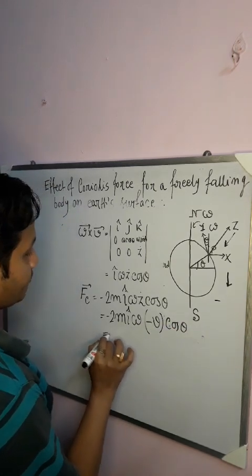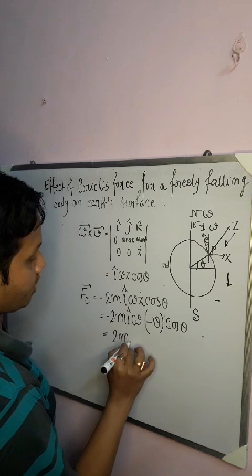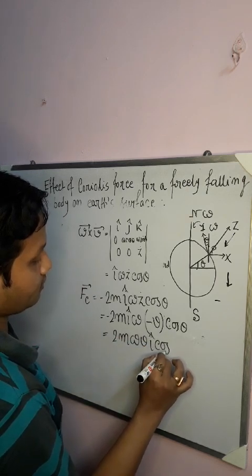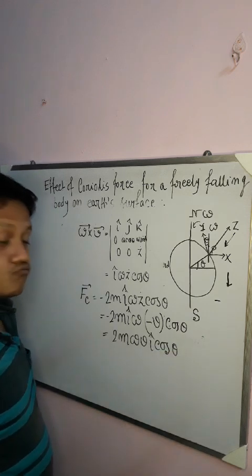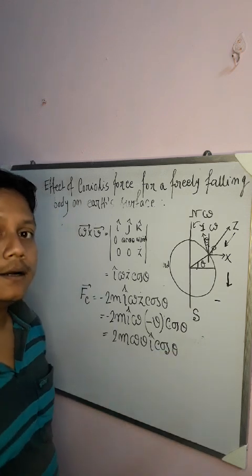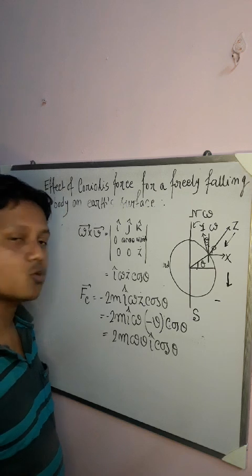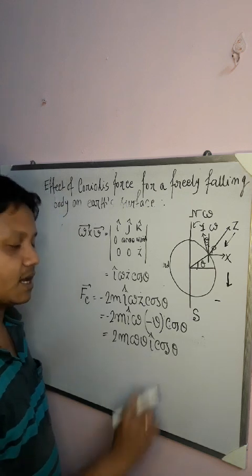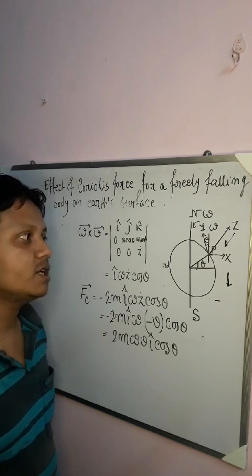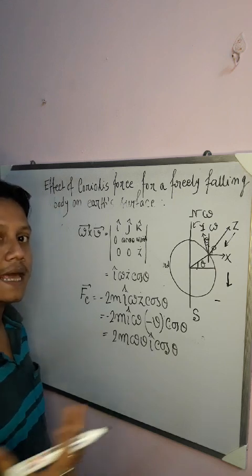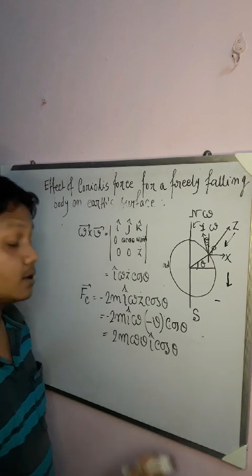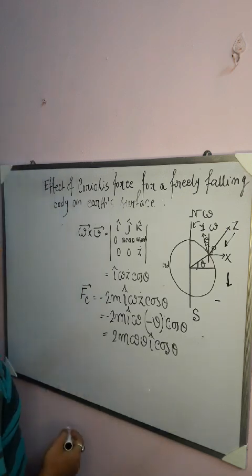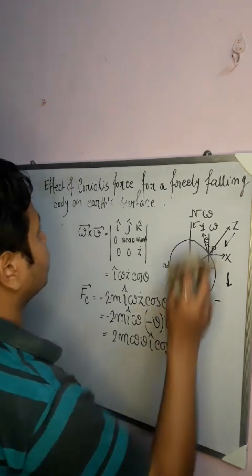So this is simply 2m omega v i cap cos theta. So this expression clearly indicates that this force only has a component along the x direction since there is i cap. Okay, that means due to this force there will be an acceleration along this direction.